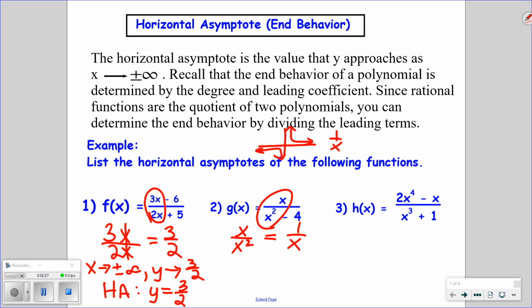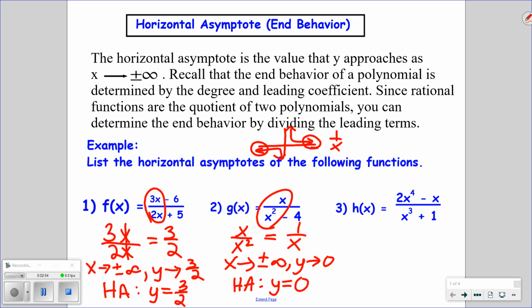And so as x approaches negative infinity, y approaches 0. And as x approaches infinity, y approaches 0. So in this case, we would say, as x approaches positive or negative infinity, y approaches 0. Which means the horizontal asymptote is y equals 0. Actually, just like the parent functions.